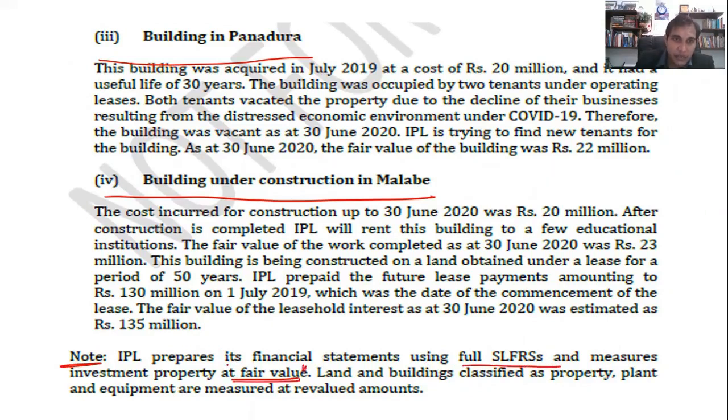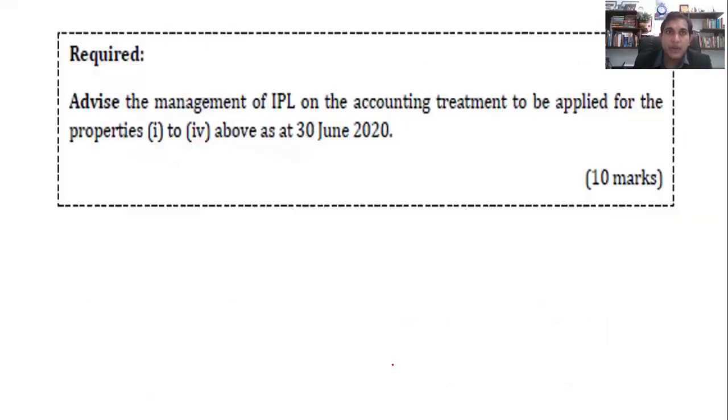This is important information. Fair value. Land and building classified as property, plant and equipment are measured at revalued amounts, under the revaluation model.